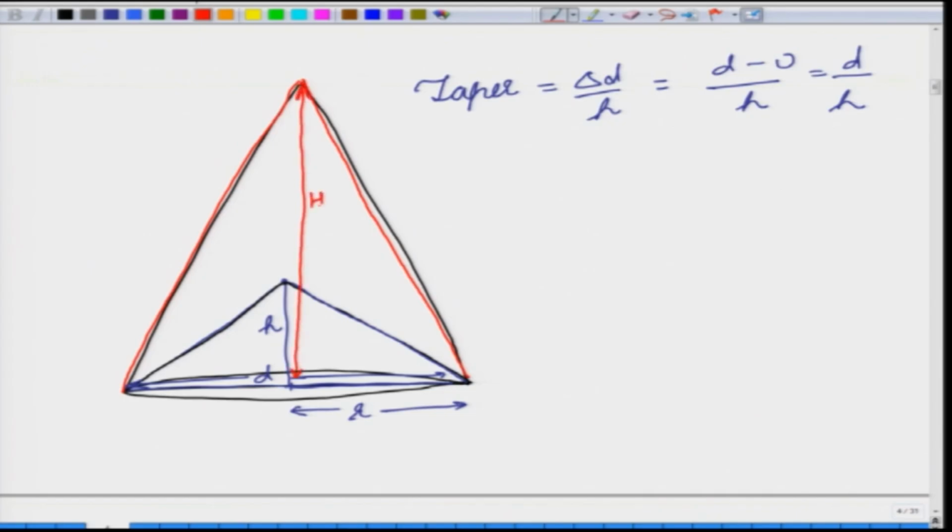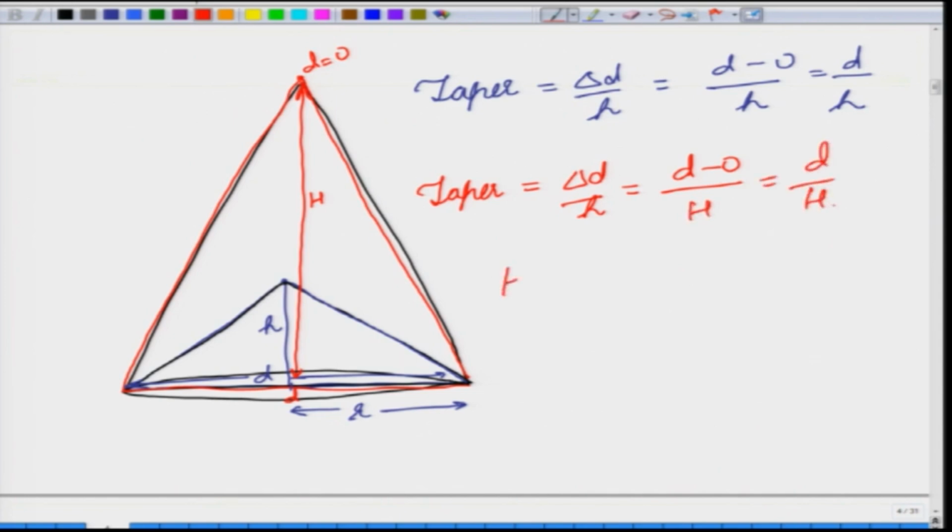let us call it capital H, you will have the taper which is given by delta d by H, and here the diameter is changing from d to 0. So, you have d minus 0 divided by the height, given as capital H, is equal to d by H. Now, because H is greater than small h, d by H is less than d by small h.